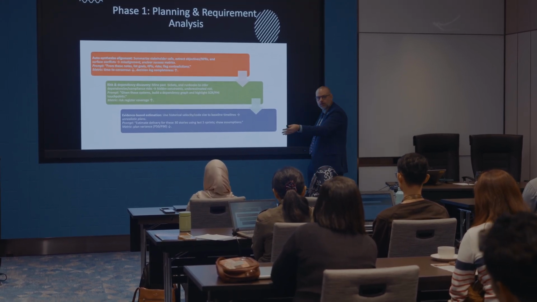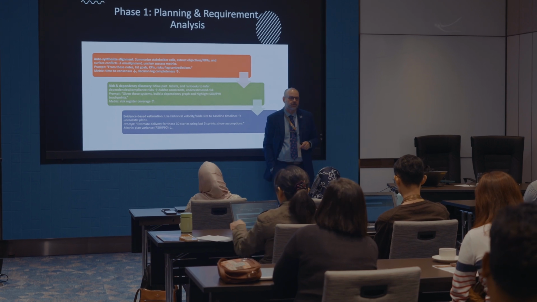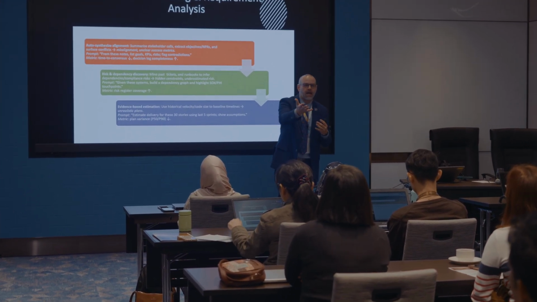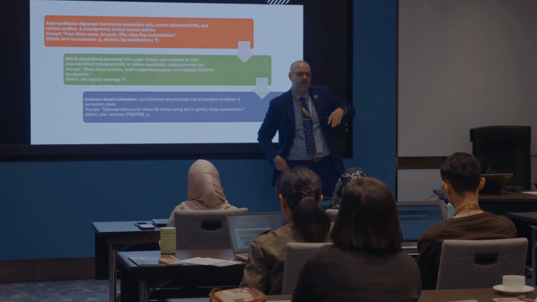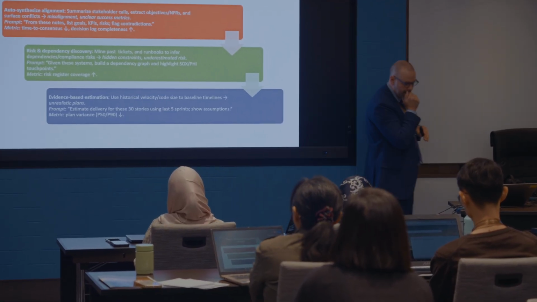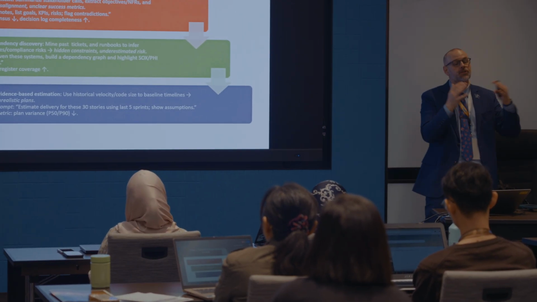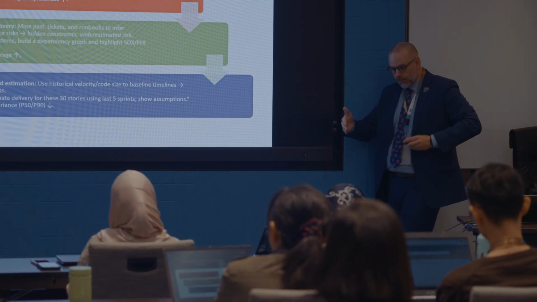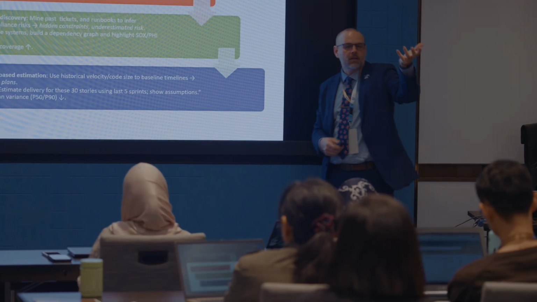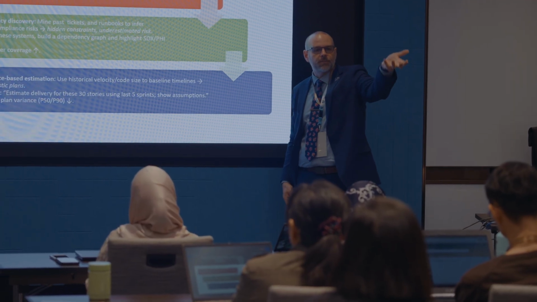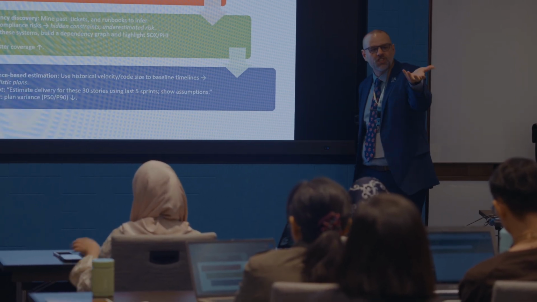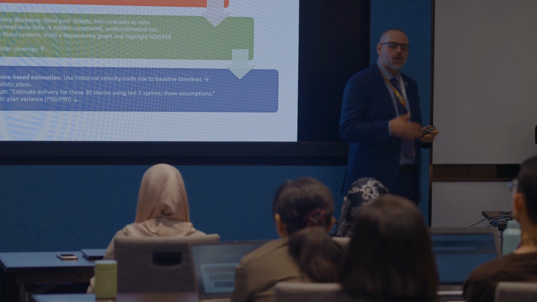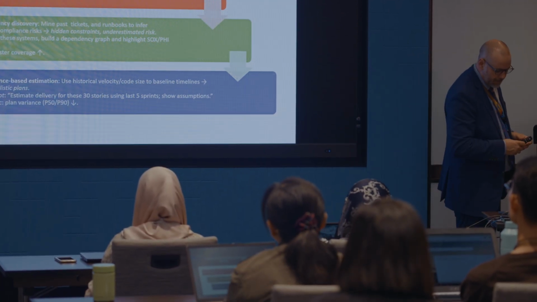We will get our requirements from our stakeholders, but how do we put a value on that? How do we know what's more important or not? AI can help us with that. And again, contradictory goals. One person's role may dictate that they want their system, their tool, to function differently than someone else, right? So again, AI can help us with that.